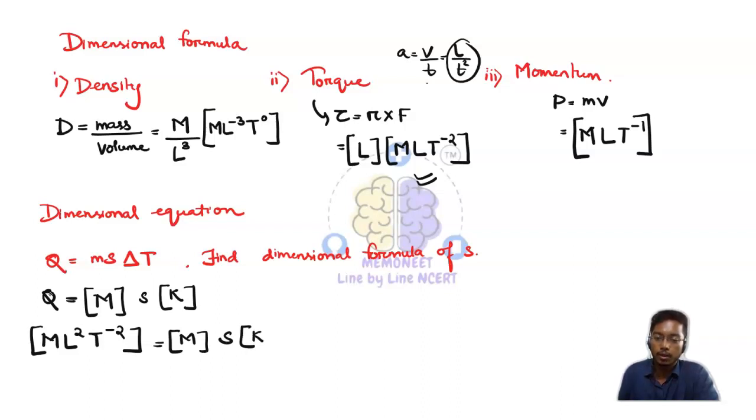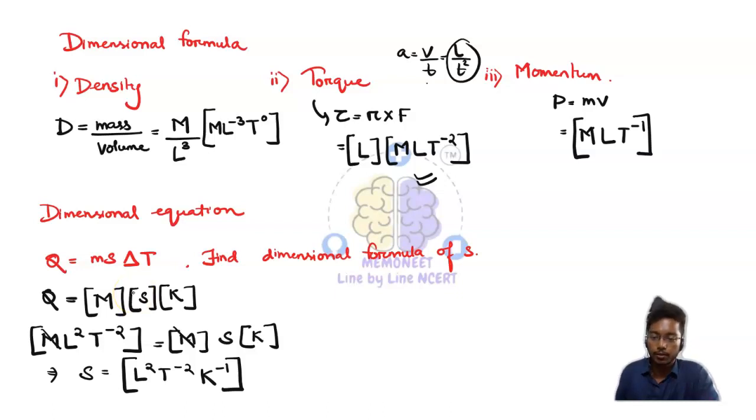So S is equal to, M and M cancel out, so we have L square T to the power minus 2 and K. If we take K to the other side, it is in the denominator; if we take it to the numerator, it will be K to the power minus 1. So this is the dimensional formula of specific heat.